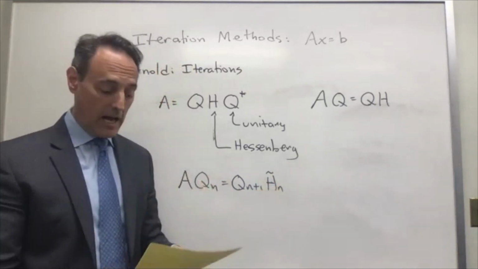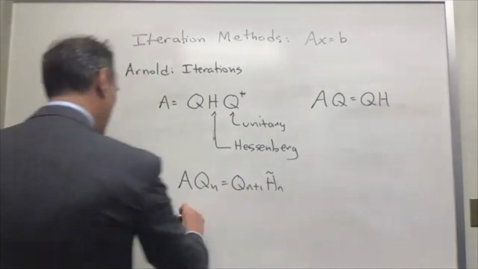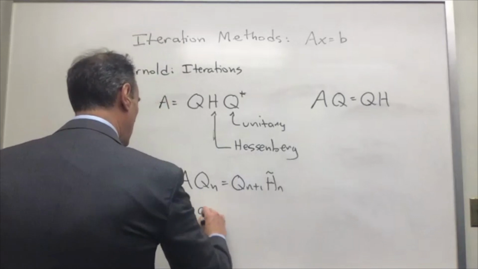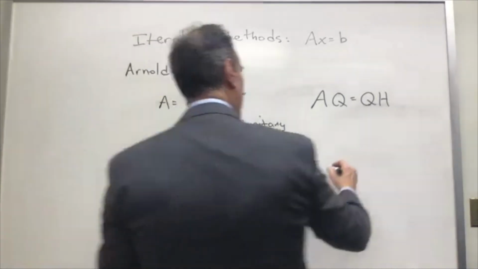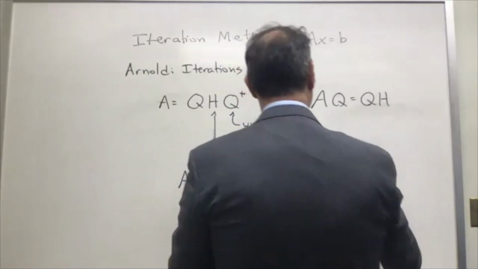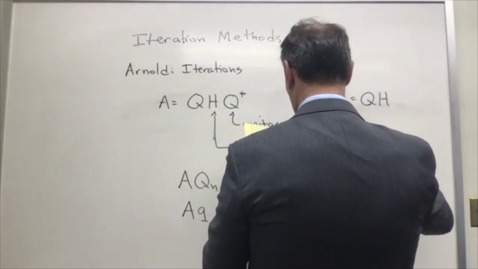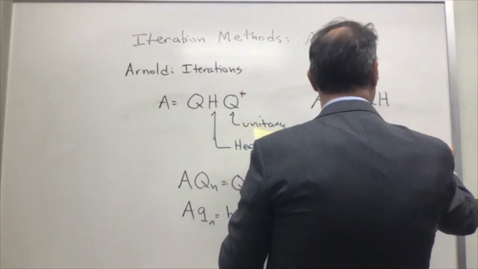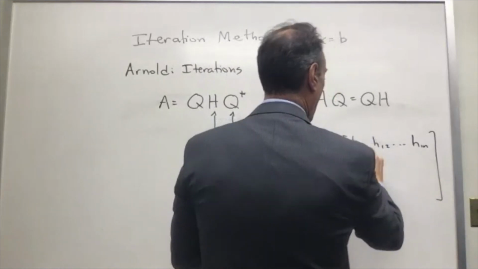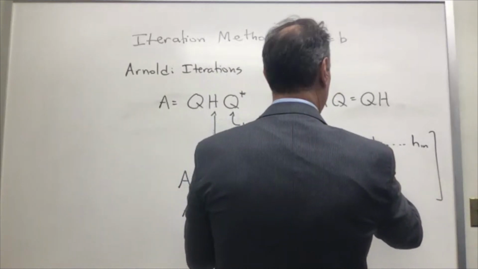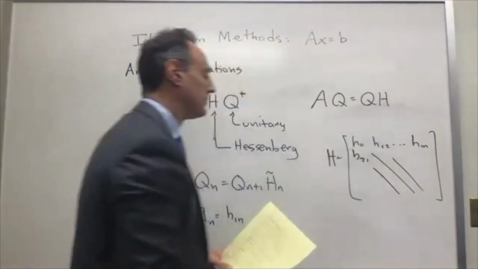So we can work this all out, by the way. In fact, what this tells you is that A acting on Q of n is equal to H1n. In fact, let me write down the Hessenberg matrix. H is equal to H11, H12, H1n. And remember, it's diagonal with one of the below diagonal not being 0, H21. And everything else here is 0.